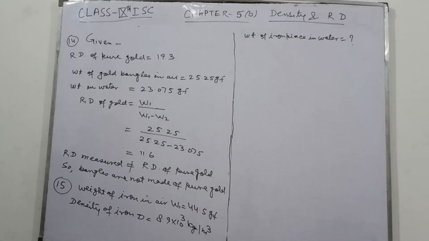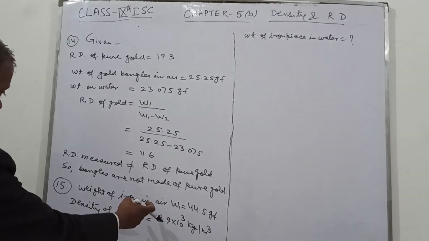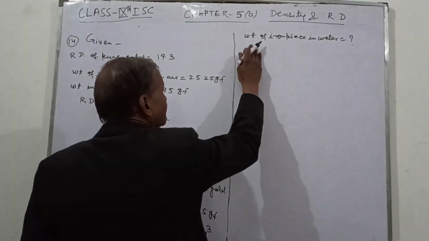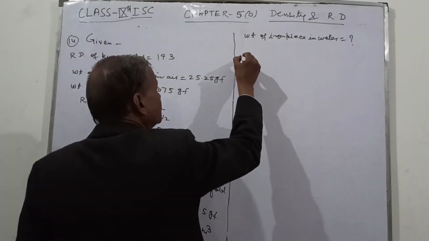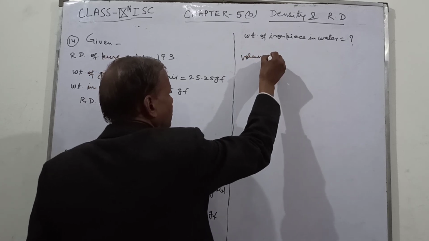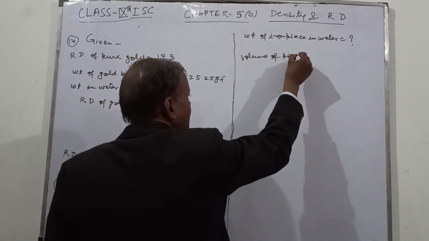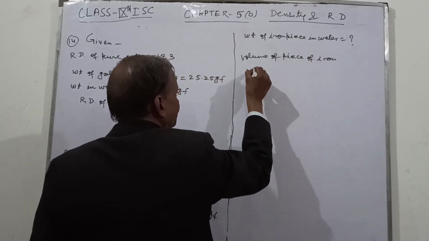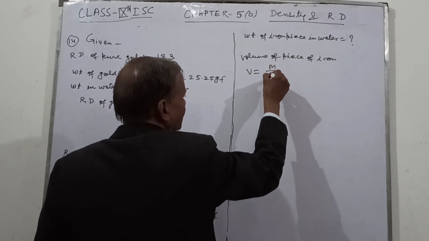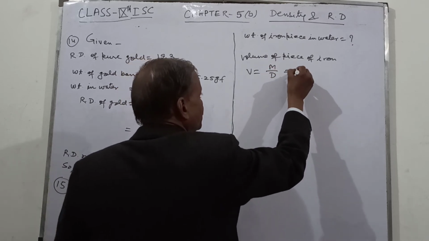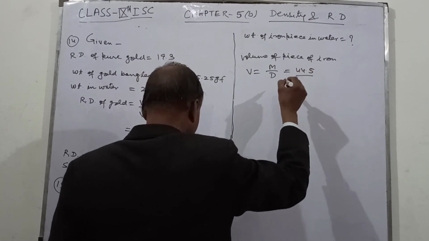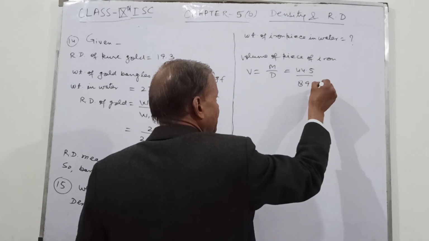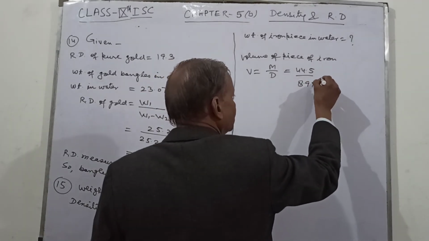So now what we have, the density is given to be so much, and the mass is given to be so much, so the volume of the piece of iron, V, is equal to M upon D. Now M is given to be 44.5, upon D, which is given to be 8.9 into 10 raised to the power 3.